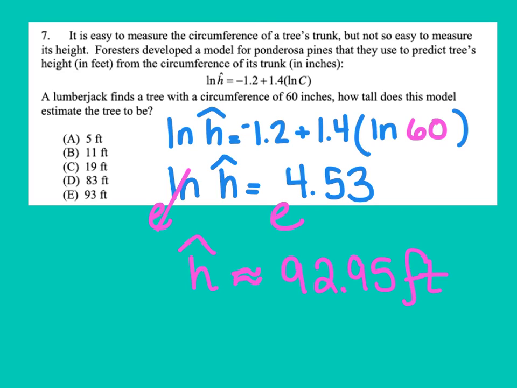When I look at the multiple choice, I'm going with this one here. Just to point out, some people are going to go with 5 feet because they're going to get that 4.53 and stop right there, so watch for that. Hopefully you would recognize that it's not logical to have a tree with a circumference of 60 inches that's 5 feet tall, but you never know.